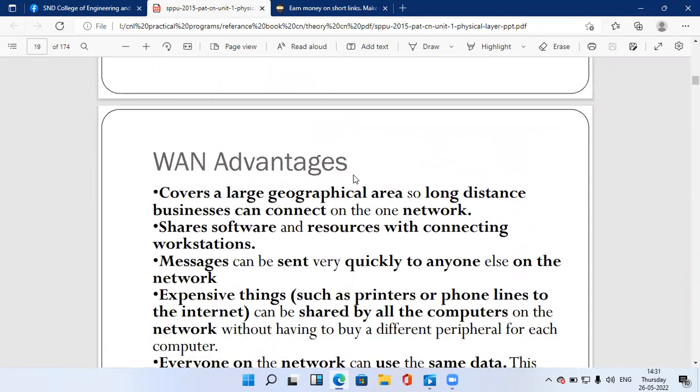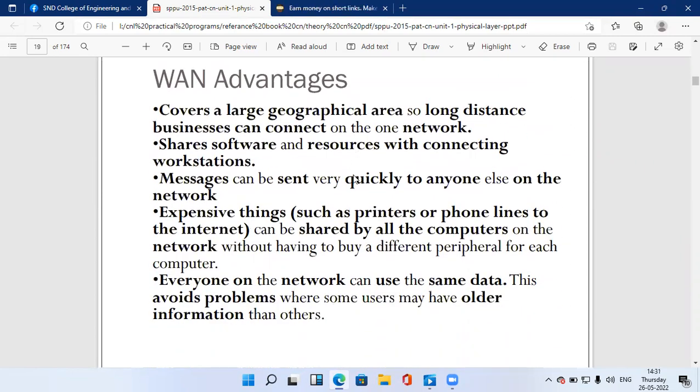There are some advantages also. The WAN covers a large geographical area, so long distance businesses can connect on one network. The best example for a large geographical area is, suppose, the Indian company Infosys, whose main branch is located at Bangalore, and also in Pune, Mumbai, Hyderabad, Delhi, Chennai, Kolkata.